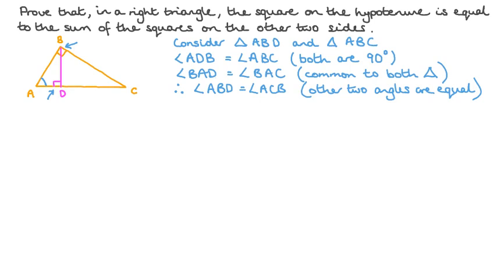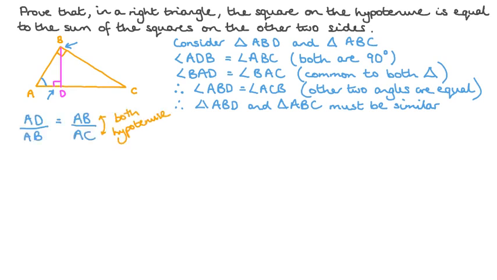And then therefore, the third angle of each of our triangles must also be equal, so we can say that angle ABD is equal to angle ACB, because the other two angles are equal. And therefore we can say that triangle ABD and triangle ABC must be similar, and that's because all of the angles are the same.